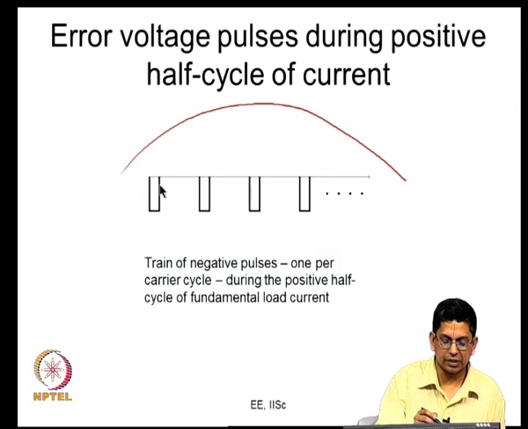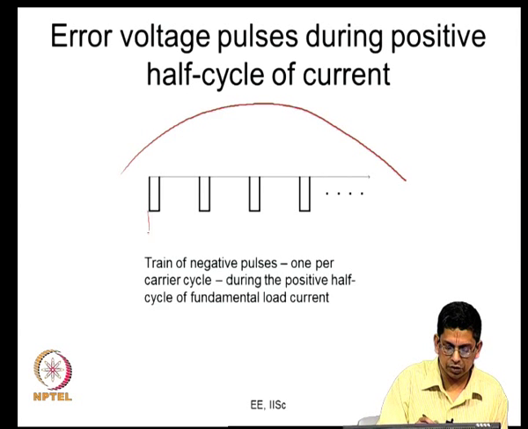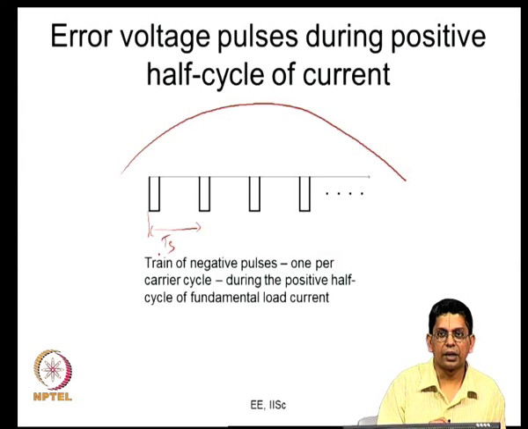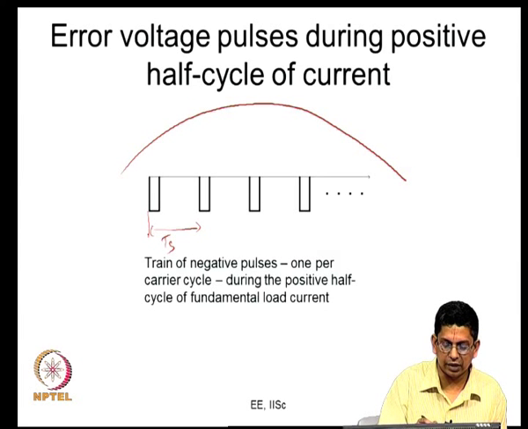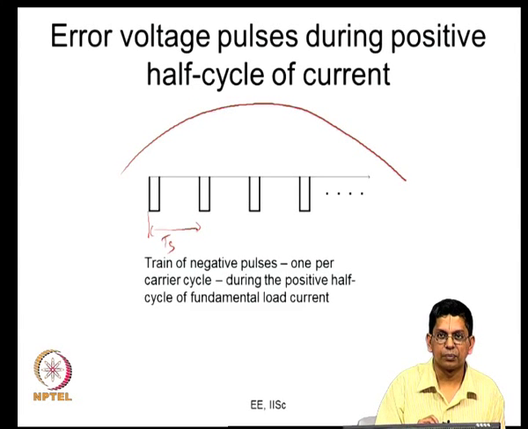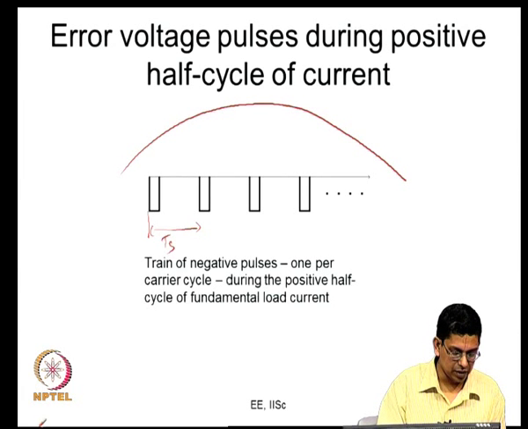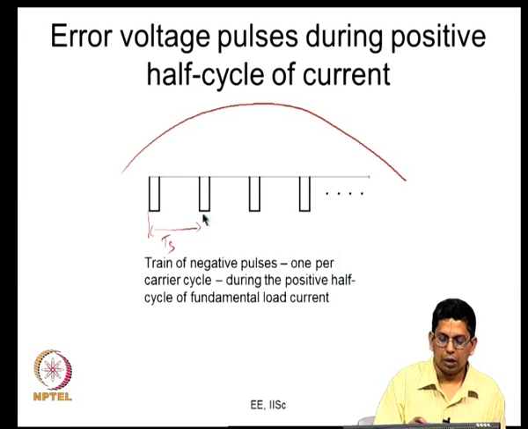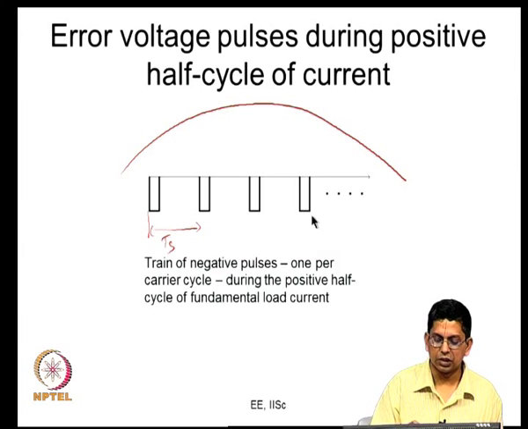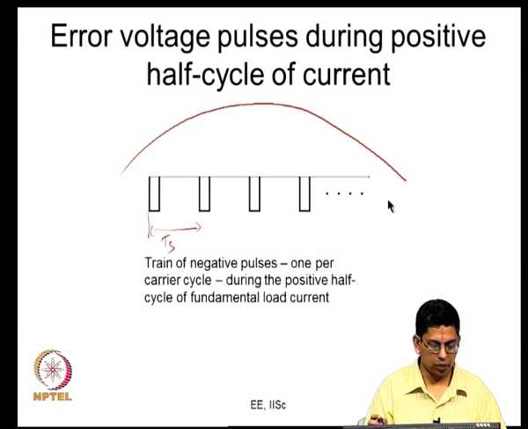This distance is one carrier cycle, and this distance is one carrier cycle. It is not necessary that the carrier cycle starts here and ends here, but you get one pulse in every carrier cycle. So, you see a train of negative pulses at the rate of one per carrier cycle during the positive half cycle of the fundamental load current.